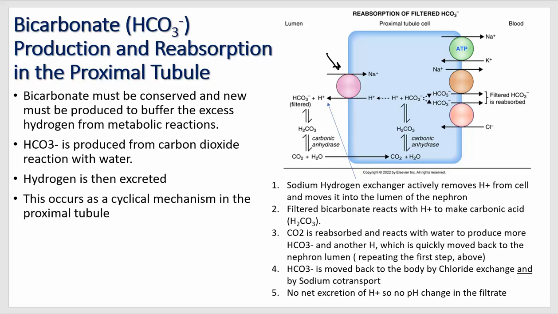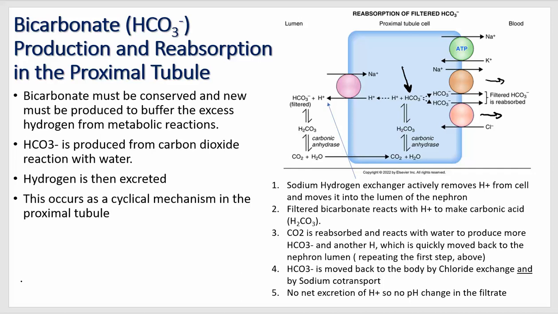Okay, so let's look at what we have here. Remember, I said that sometimes we will mix the carbon dioxide and the water just to make more bicarbonate. So this is our goal here, to make bicarbonate and then to reabsorb the bicarbonate.